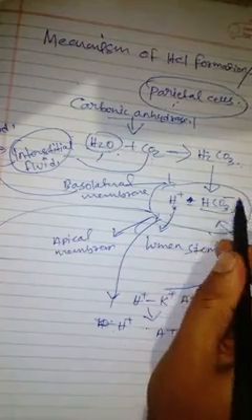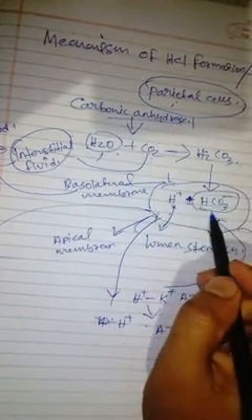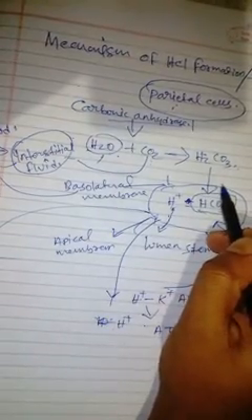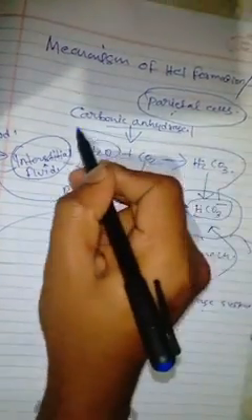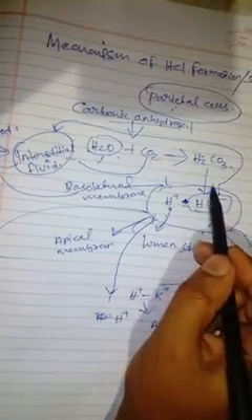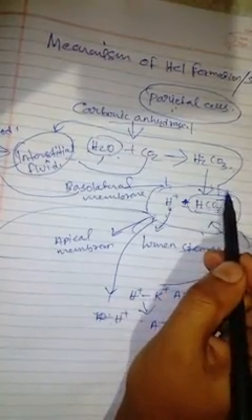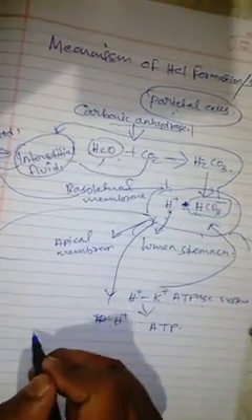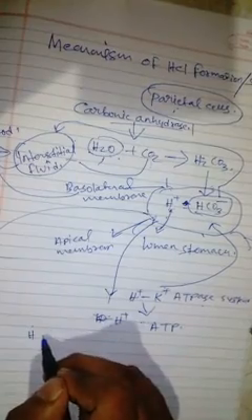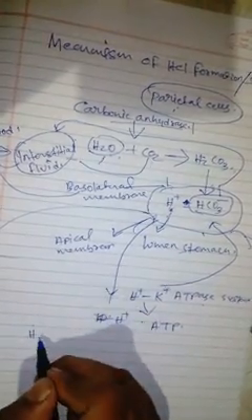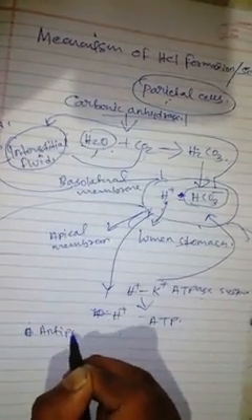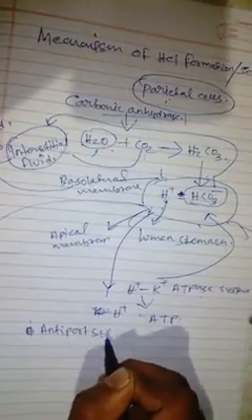Well, this bicarbonate now moves into the interstitial fluid by an antiport system. How does it move out of the parietal cells into the interstitial fluid? By antiport system.